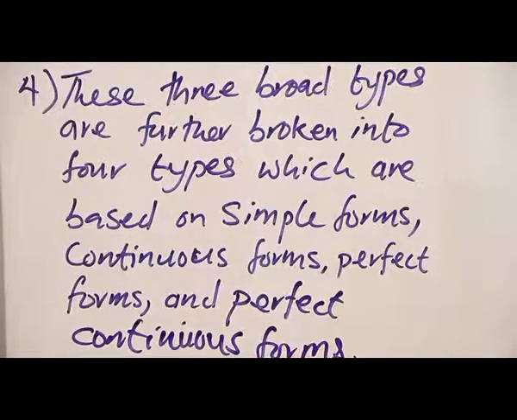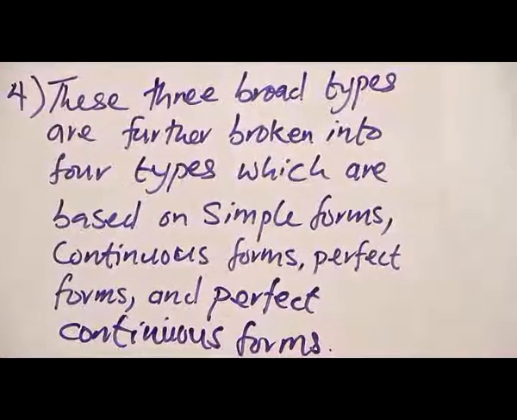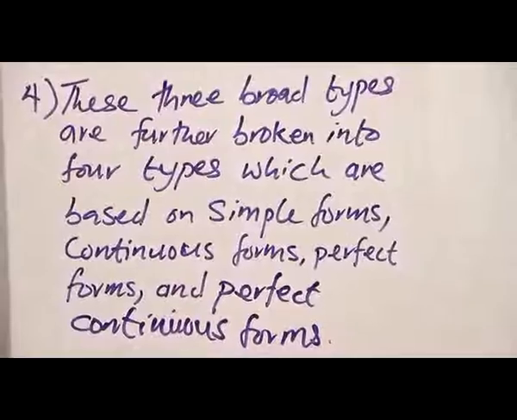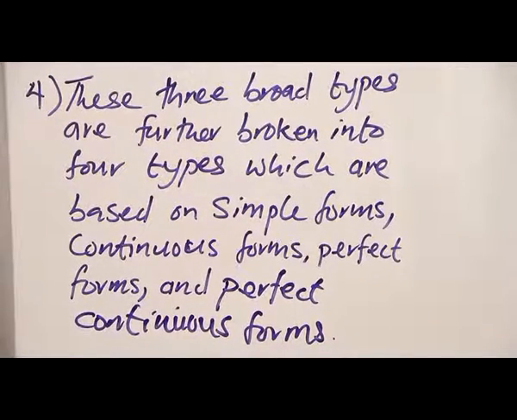So note that. Each broad type mentioned in 3 will be broken into 4. And then that tells you 3 times 4 gives you 12. So we'll have 12 types of tenses in the English language.